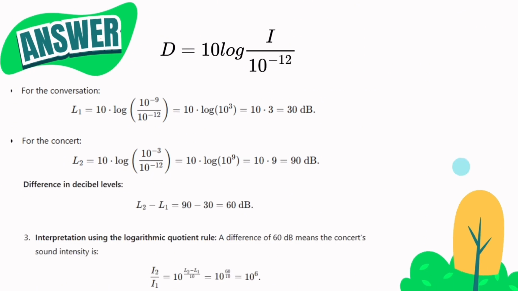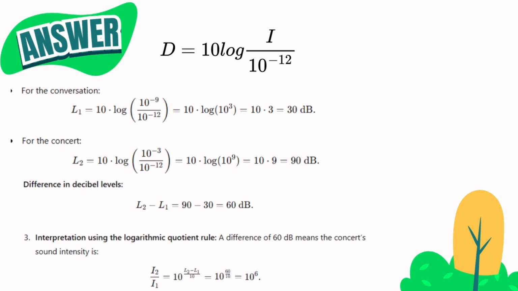Now, the second step is to find the difference in decibel levels. L2 minus L1 is equal to 90 decibels minus 30 decibels, is equal to 60 decibels. Now here is the interpretation using the logarithmic quotient rule.